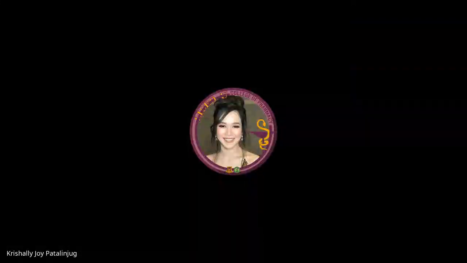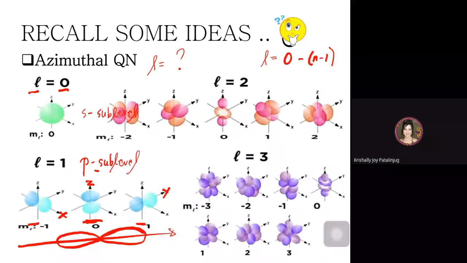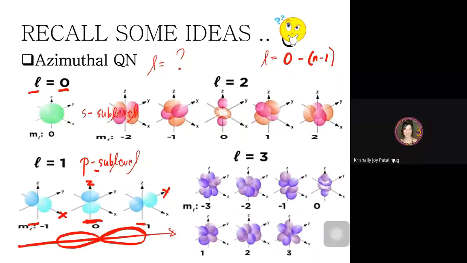For example, if the l value is 0, that is an s sublevel and the shape of the orbital is spherical. If l is 1, that is a p sublevel, and the shape of the orbital is a pair of lobes that extends on its axis, and there are three orbitals for the p sublevel.